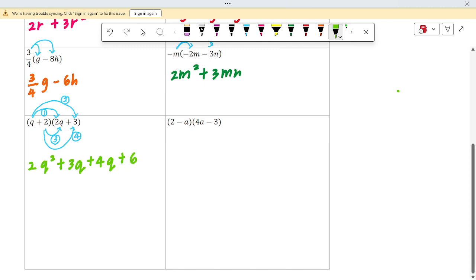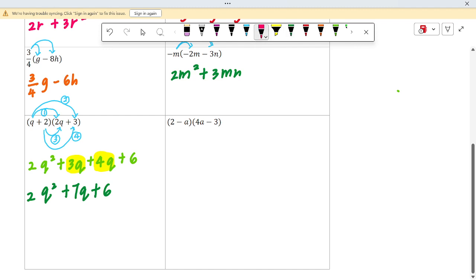Is this your final answer? No, this is not your final answer, as you can sum up these two terms as they are similar. So your final answer will be 2q squared plus 7q plus 6. This is your final answer.